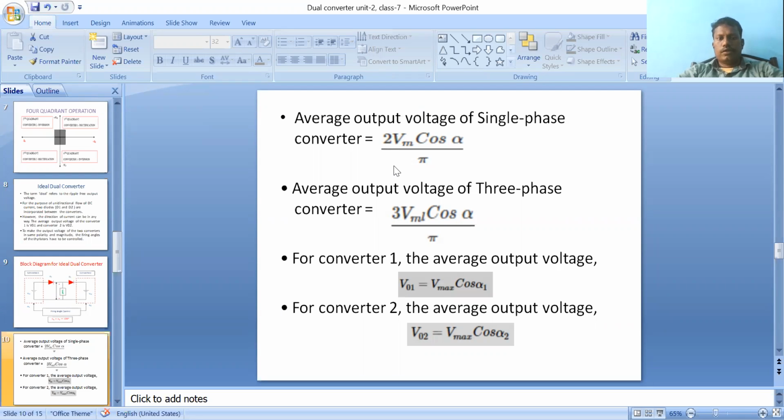For the average output voltage of a single phase converter, the output voltage is 2 Vm by pi cos alpha, and for three phase it is 3 Vm by pi cos alpha. So the average output voltage of the first converter is V naught equal to V max cos alpha 1, and for converter 2 it is V max cos alpha 2.